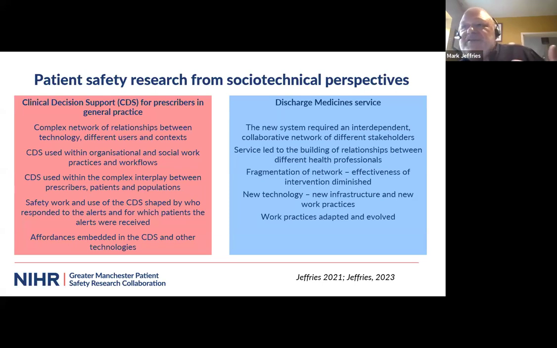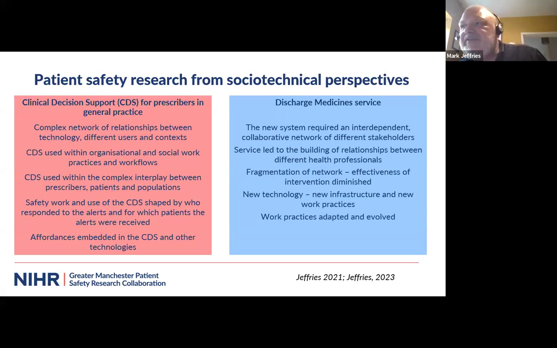We found that affordances were embedded in the CDS, and that they were allowing people to do certain things with the technology, but that wasn't happening if they didn't engage with it as well. So there was this sort of system going on, and it wasn't happening in a vacuum. The CDS wasn't being used in a vacuum of the safety work. It was happening within the culture, the safety culture in primary care, within general practices.